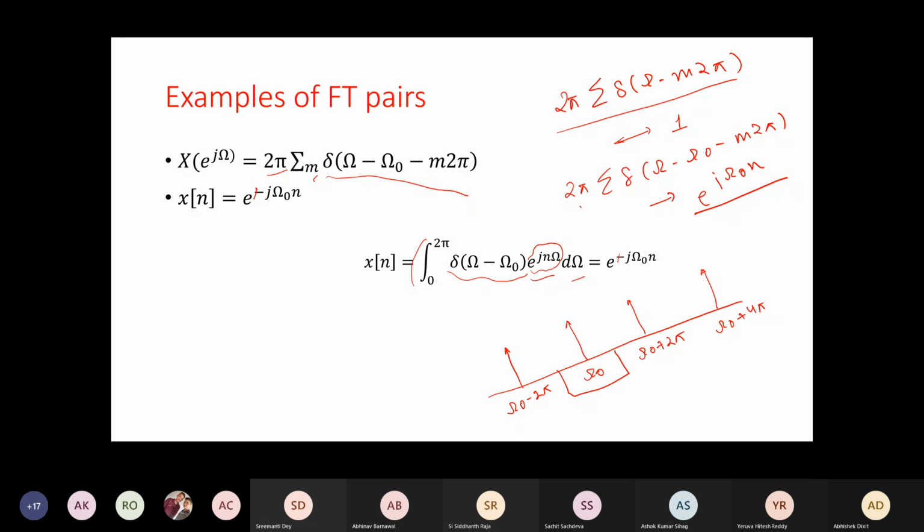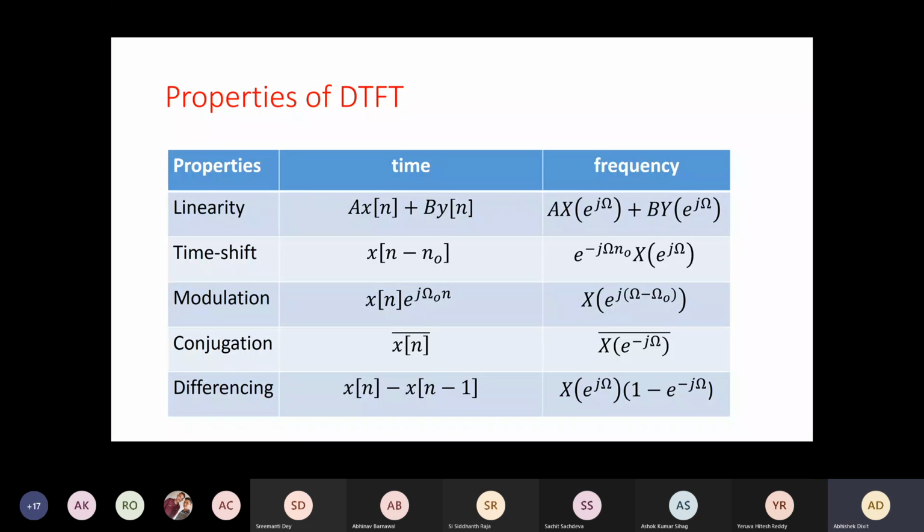All right. So properties of DTFT, I think you already know all these properties, so I will not derive any of them because we derived all of them in CTFT. Similar proofs, nothing different, just a recap. So linearity is satisfied. Time shift is satisfied as it is. Modulation is also satisfied as it is.